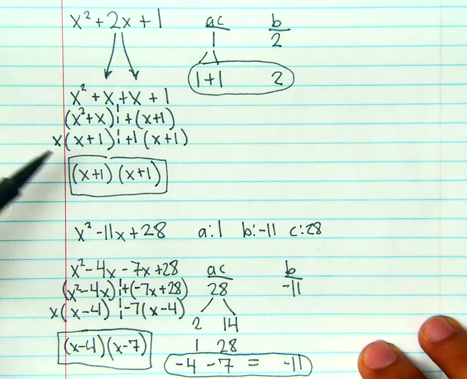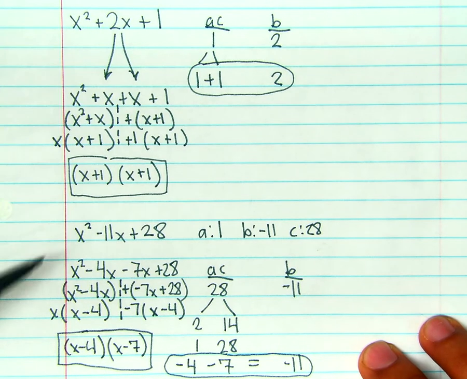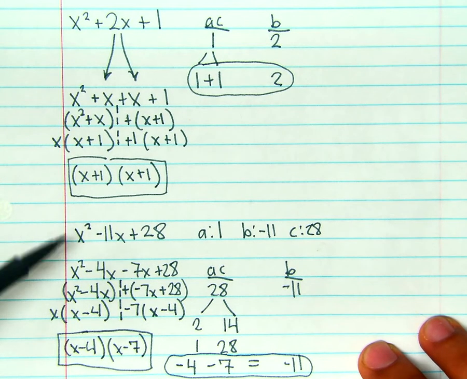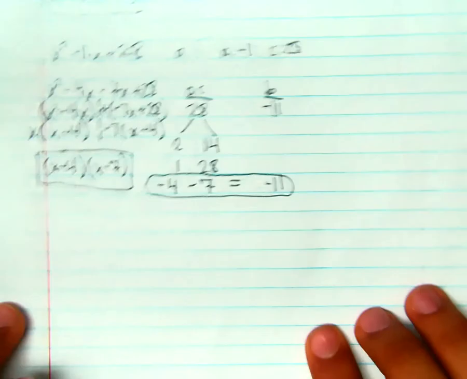Okay? And the other thing to notice is that our coefficient of the first term, our a, was a 1. Coefficient of the first term here was a positive 1. So anytime there's a positive 1, we can use the shortcut and jump. So for example, let's go ahead and use it.